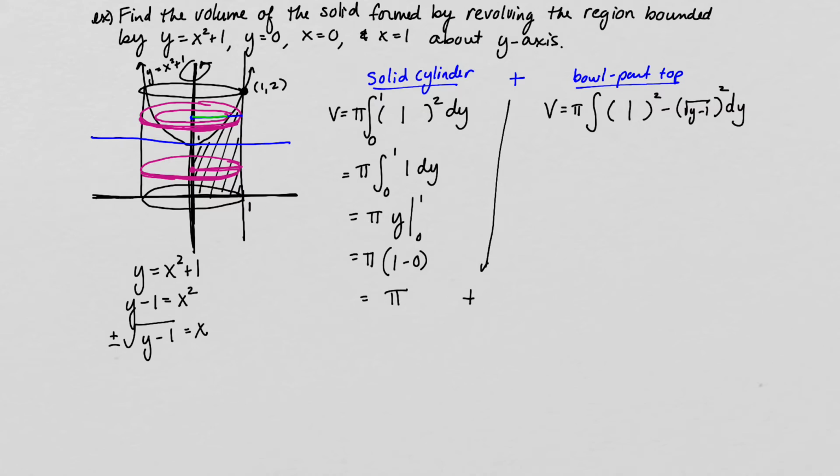And then I'm adding these up from what value to what value? Where are we starting these washers and where are we ending these washers? Yeah, from 1 to 2. So before I actually integrate that, questions on how I got any of that set up for that second volume?